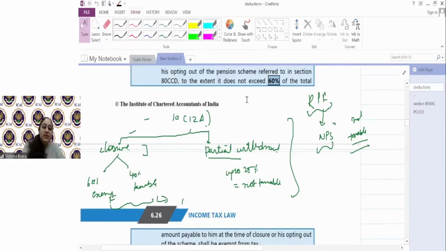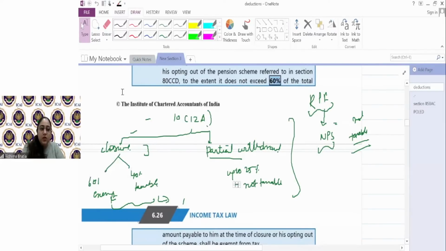So from that money, 60% would be exempt and 40% would be taxable. So suppose if the fund has a total contribution of 10 lakhs, 4 lakhs would be taxable, 6 lakhs would be exempt. Now suppose I don't want to close the account. Out of 10 lakh, I only want say 5 lakh rupees.